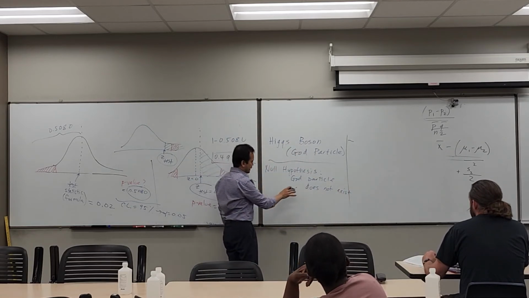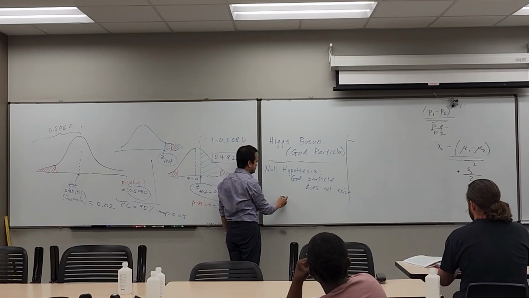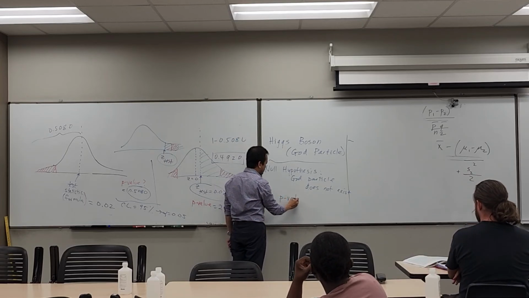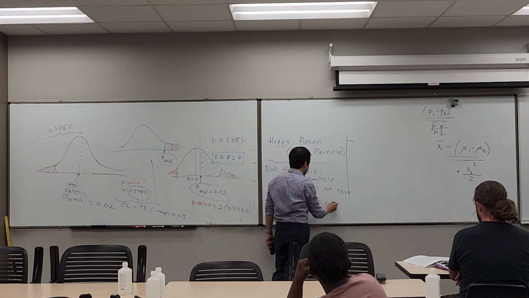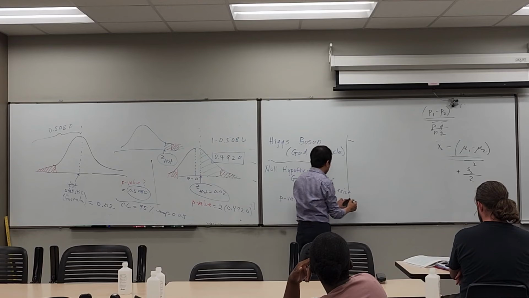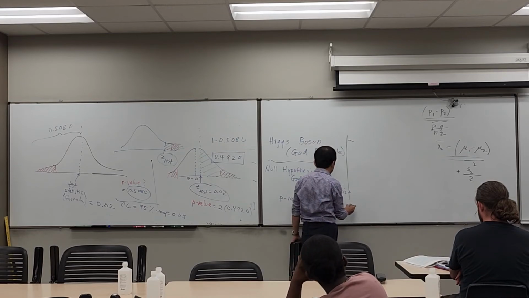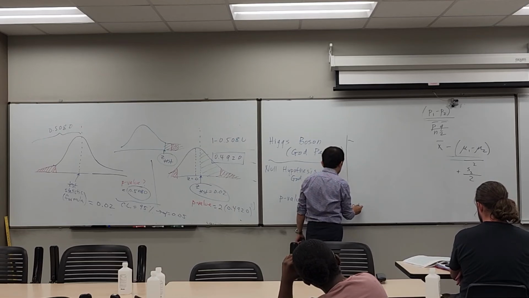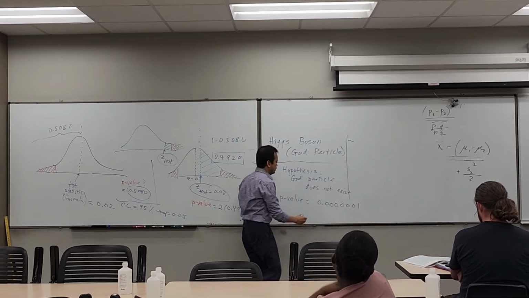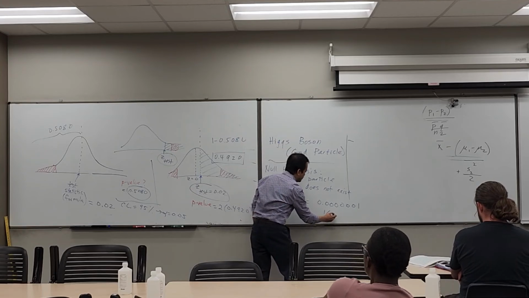And it turns out that their p-value ended up being, so this is basically 1 times 10 to the negative 7.